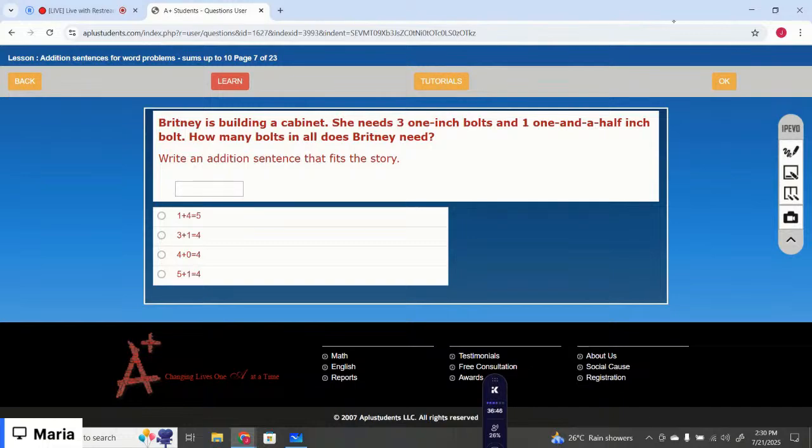Option number 2 is the correct option. That is 3 plus 1 equals 4.